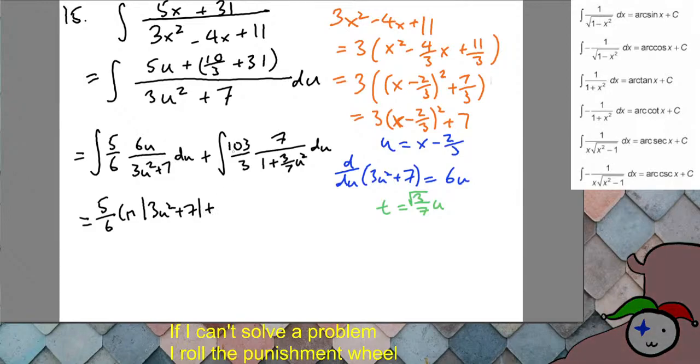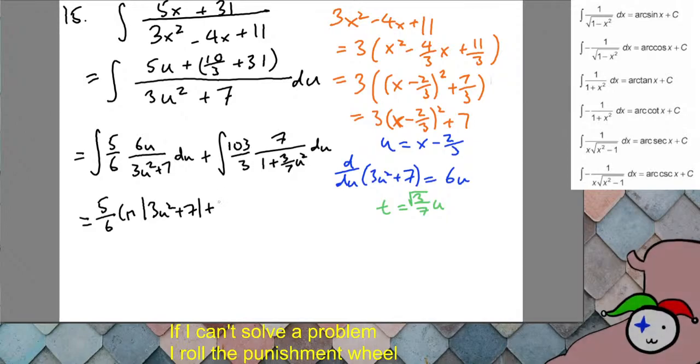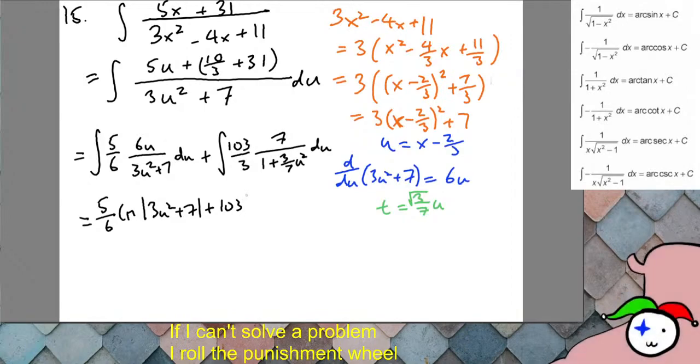plus let's just say 103 times 7 over 3 integral of 1 over 1 plus t square times the square root of 3 over 7 dt, which is 5/6 natural log of u square, 3 squared plus 7 is just this top bit, right?